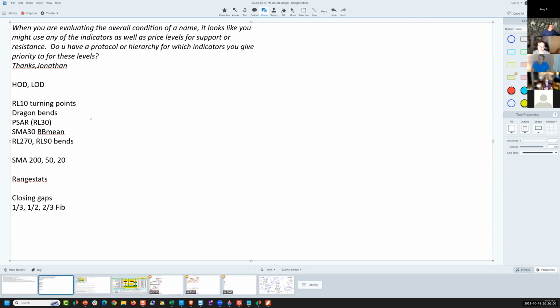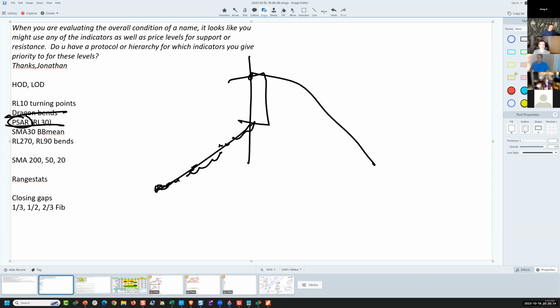The next things that I would look at is the turning points of the PSAR. Imagine that was a series of dots, and imagine that was a series of dots. That little PSAR flip box establishes absolutely crucial support and resistance levels.